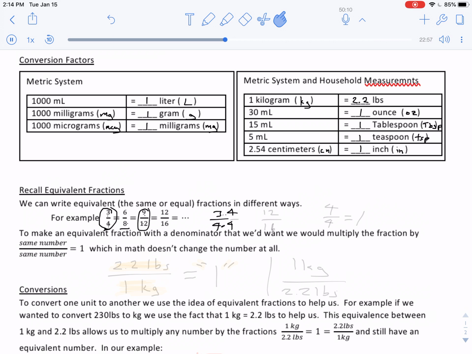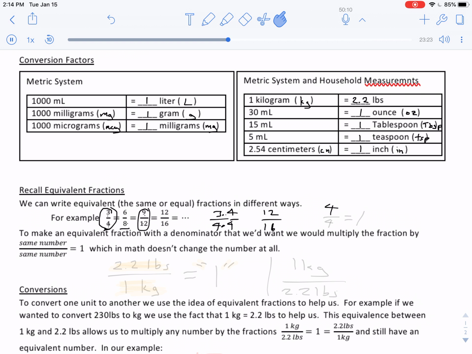If we multiply 3 times 4, I get 12, and on the bottom, 4 times 4, which is 16. This number, 12/16, is equal to 3/4. If I multiply the top and the bottom by the same thing, I get the same fraction back. This is an equivalent fraction.